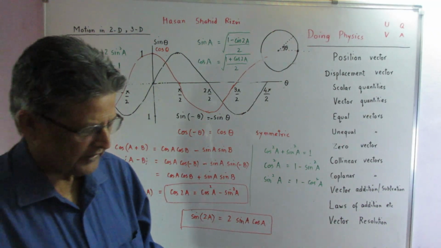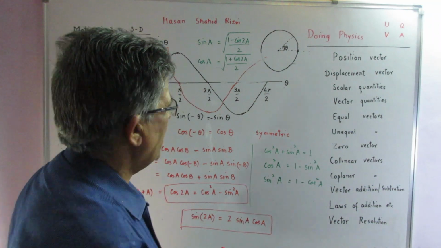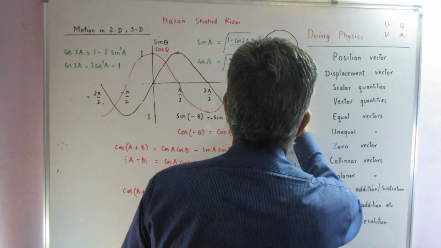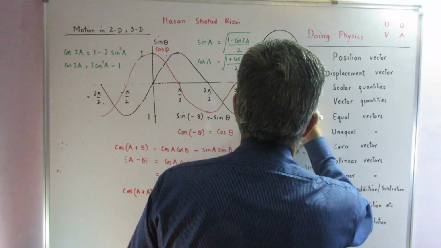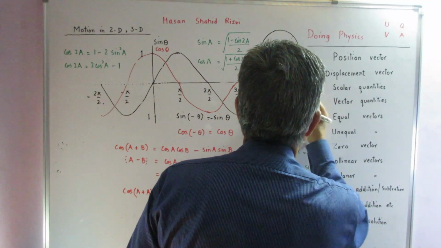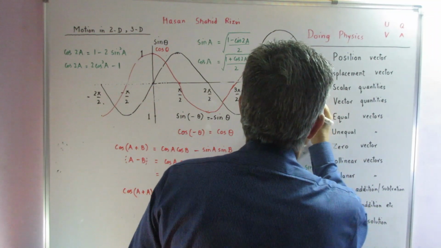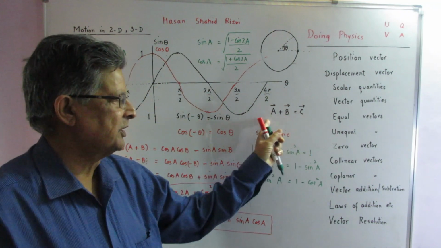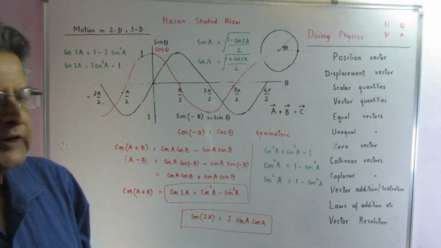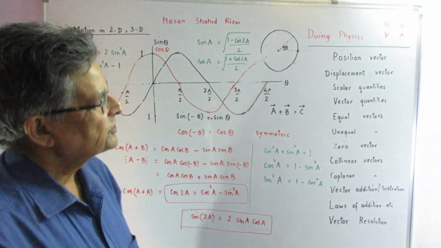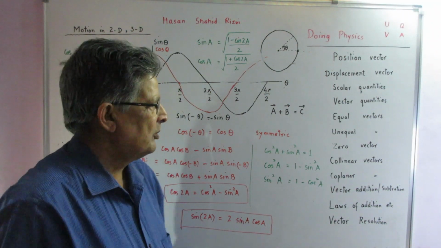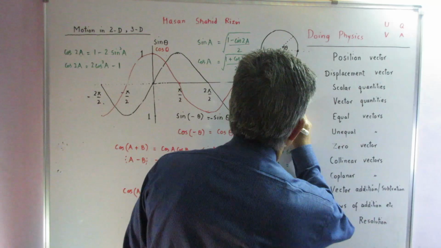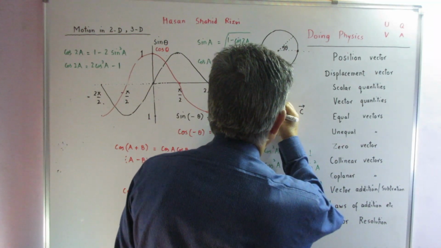Suppose I have two vectors, A plus B is equal to a vector C. It's very easy to write a mathematical equation like this, but to understand what it means, there is something which is not defined even by my mathematics friends: there is an unwritten law about this vector addition and subtraction.